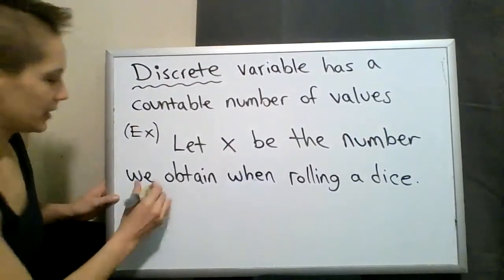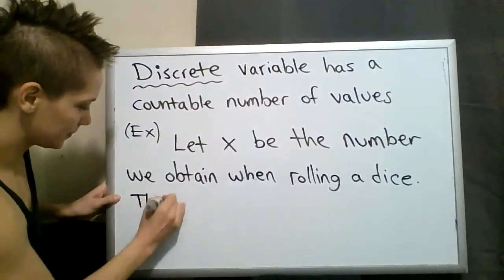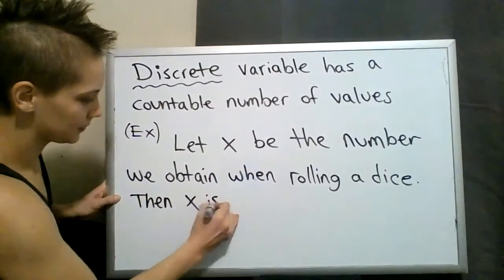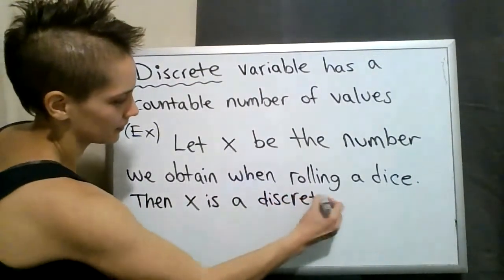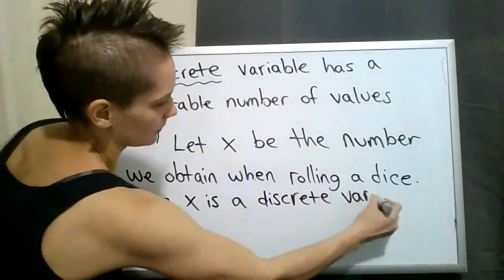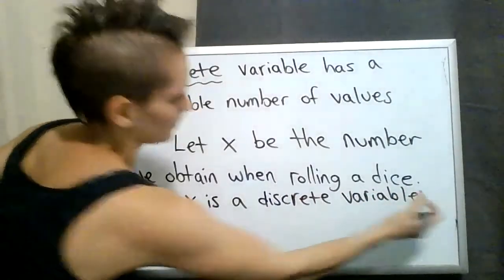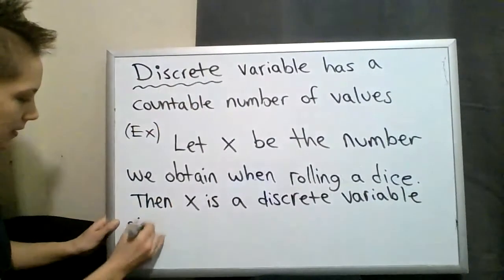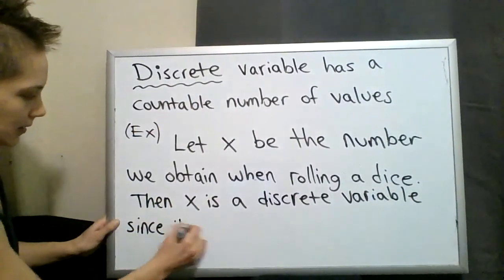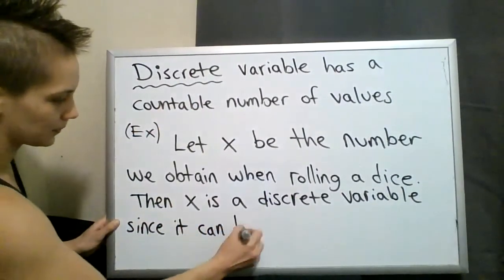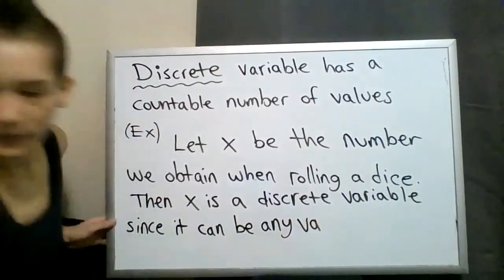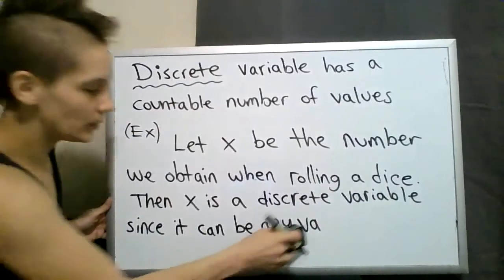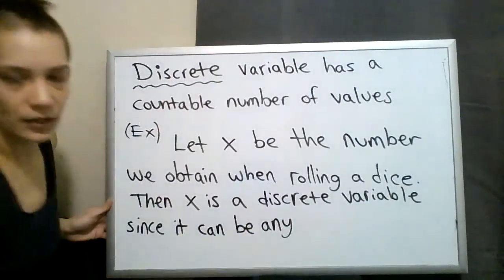X is a discrete variable. So it's any value in the set containing 1 through 6.